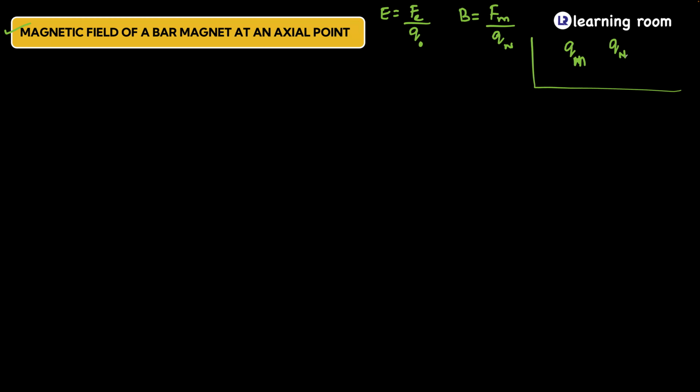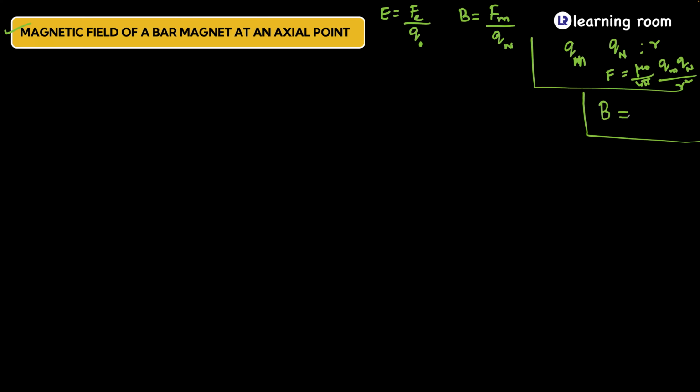What is going to be the force between them if the distance of separation is r? So F will be equal to mu naught divided by 4 pi into Qm into Qn, the whole divided by r square. If I substitute it here, what do you think is going to be the value of B?